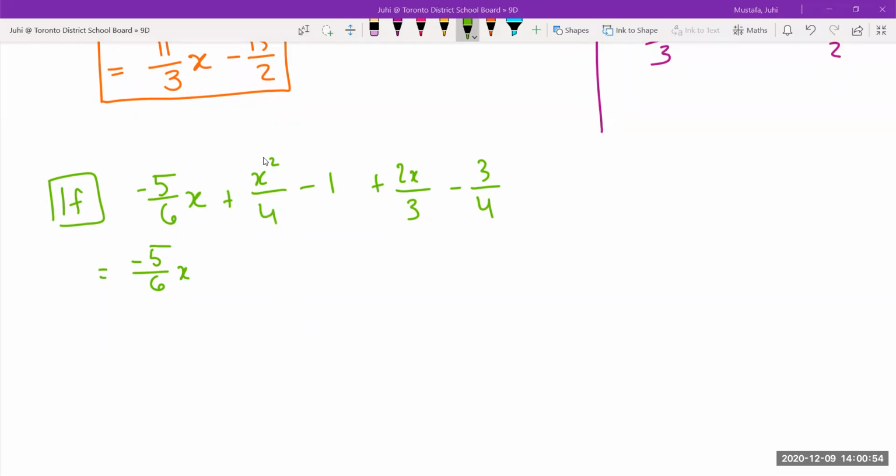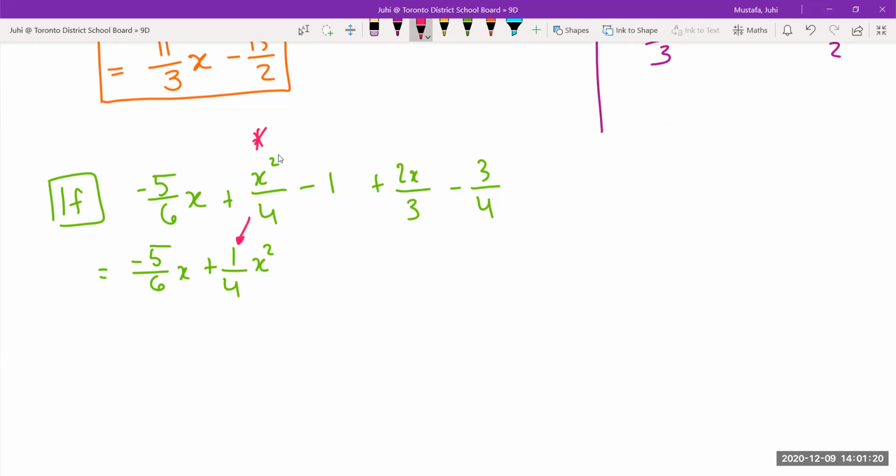What I want you to do is when you have a term that looks like this, write the fraction 1 over 4 in front of the variable. So x squared over 4 is the same as 1 over 4x squared. And it's really important that you rewrite it because then the question will be a lot easier for you. So make a note, highlight this, make a star.